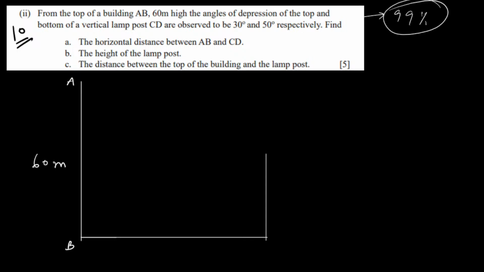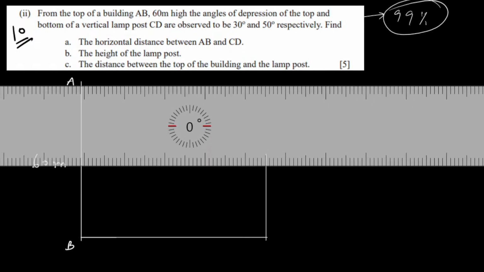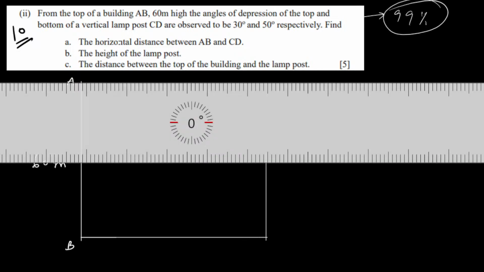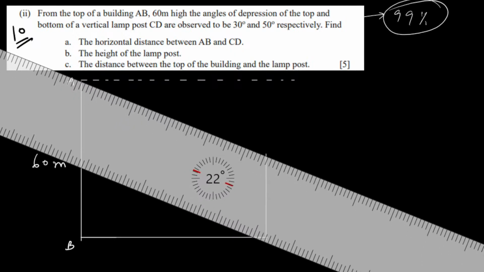Now they are telling angles of depression, which are not drawn for us. That means here I have to draw one horizontal line, because with this line only the angle of depression will be there. First, the angle of depression of the top of the lamp post. The top of the lamp post will be here.